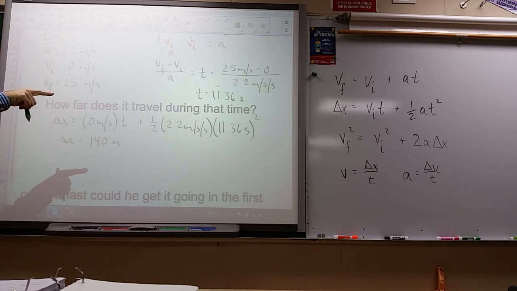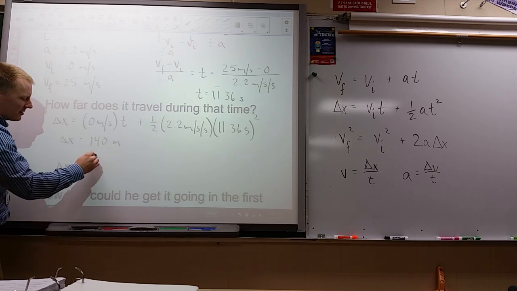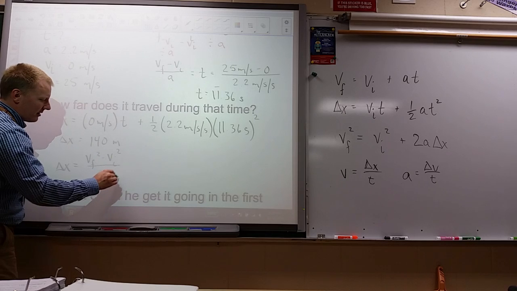I want to quickly, if I rearrange our third formula over there, I subtract the VI squared from both sides, and then I divide by 2a. So I get that delta x is equal to VF squared minus VI squared, and then divide by 2a.